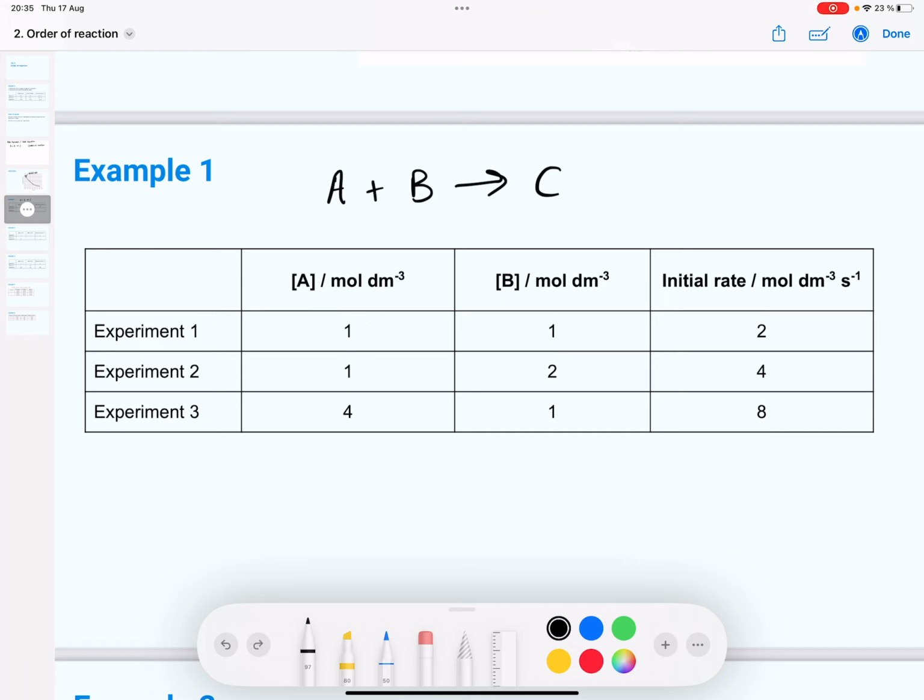Great. So let's compare what happens when we change the concentration. If I go from experiment 1 to experiment 2, you can see that the concentration of A does not change. But if I increase the concentration of B by a factor of 2, you can see that that has an impact on the initial rate. The initial rate also increases by a factor of 2.